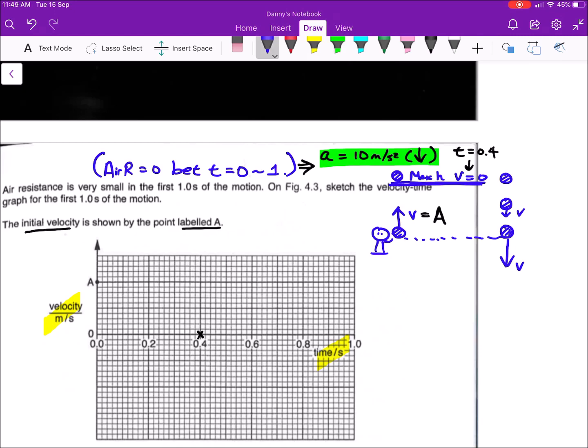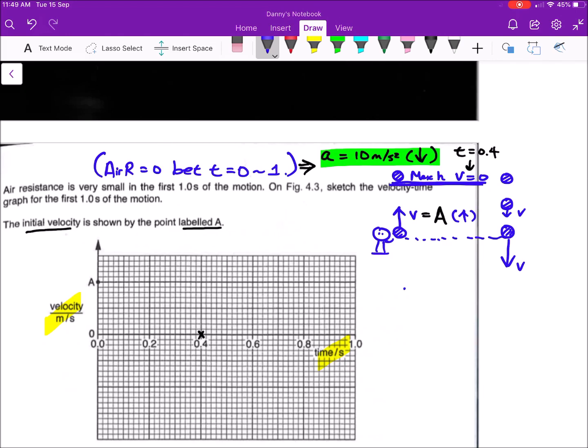If your velocity a is upward and you have an acceleration of 10 meters per second squared downwards, it means that every 1 second your speed is going to drop by 10. So I know that at 0.4 I will reach v equals 0, and it is constant acceleration. When my acceleration is constant, in other words, the gradient of a vt graph will also be constant.